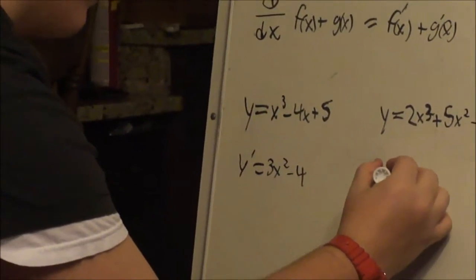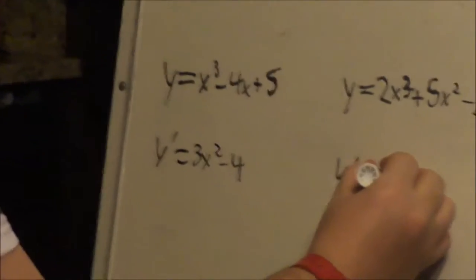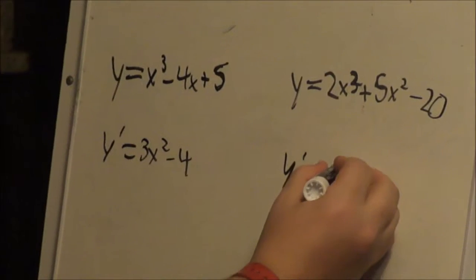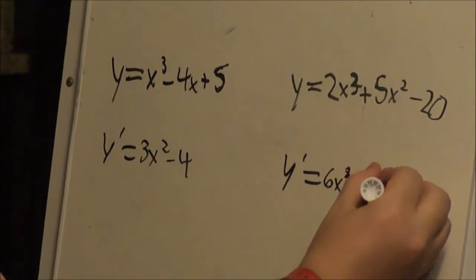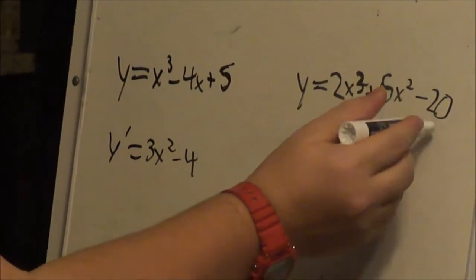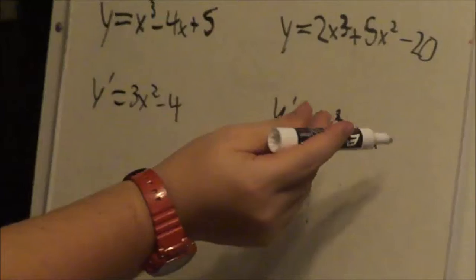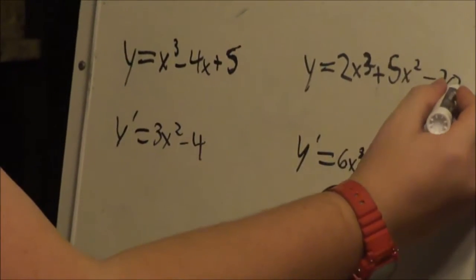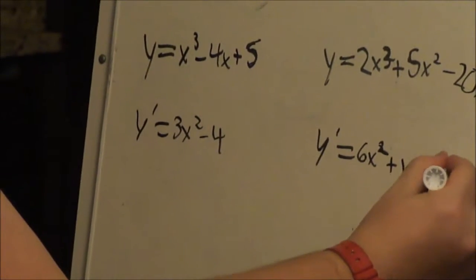So the derivative of that would be 6x squared plus 10x. And then the 20 becomes 0, so you don't need to put that in. Or, if this had an x at the end, it would just become negative 20.